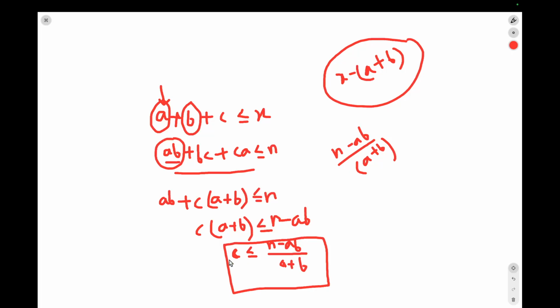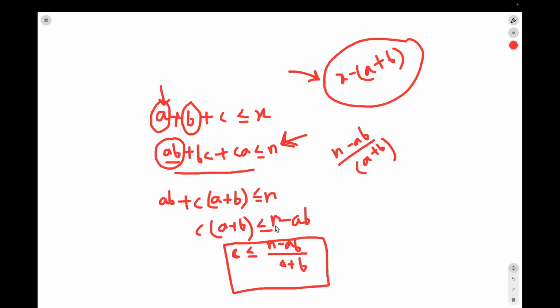If c follows this condition, and let's say this one is smaller and this one is greater, so as it is higher, if we take c as this value, then obviously this condition will break. Why? That is the upper bound of c that can be possible according to this condition.